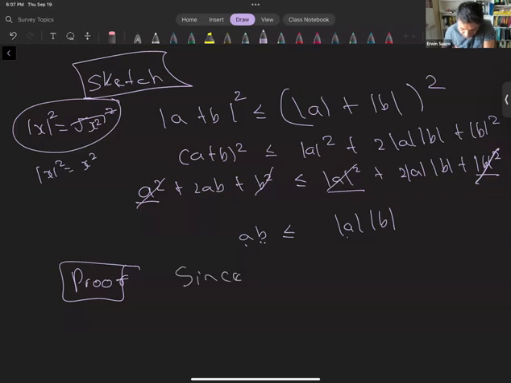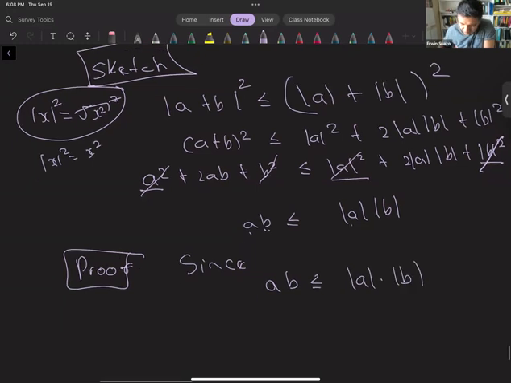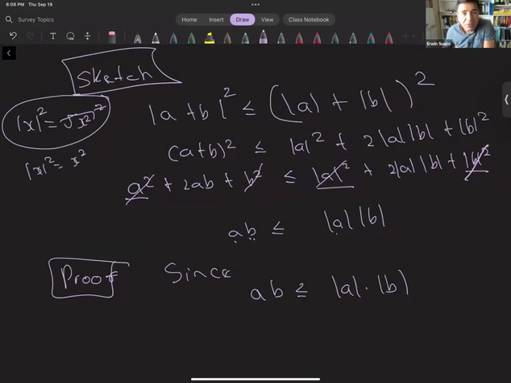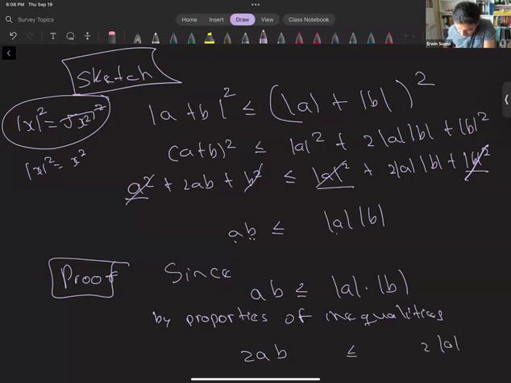Since AB is less or equal than absolute value of A times absolute value of B, and now look at what I'm going to do. By properties of inequalities, I can multiply times 2, so 2AB is less or equal to 2 absolute value of A times absolute value of B. You see, I want to go backwards.